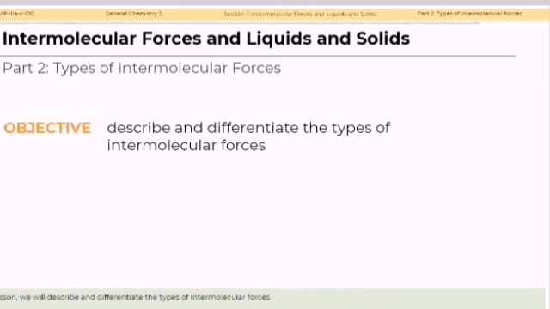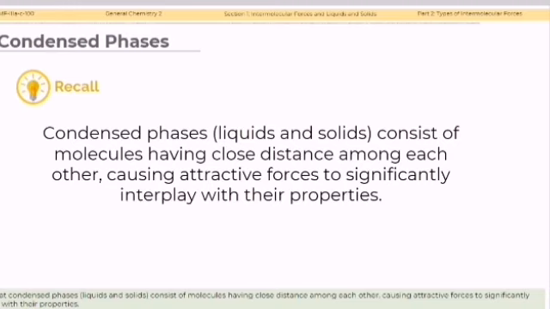In this lesson, we will describe and differentiate the types of intermolecular forces. Let us recall that condensed phases, liquids and solids, consist of molecules having close distance among each other, causing attractive forces to significantly interplay with their properties.